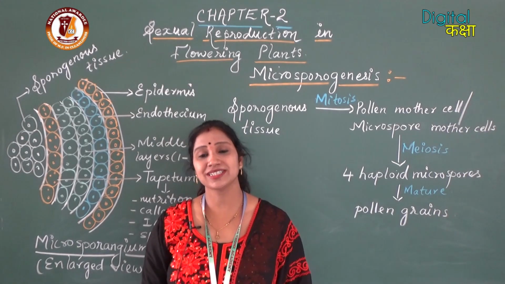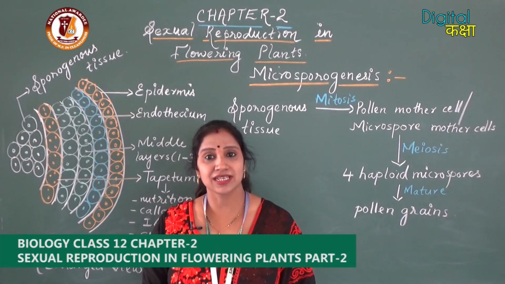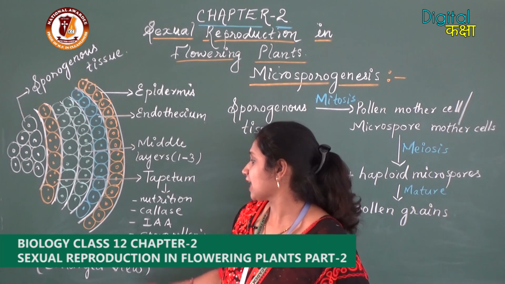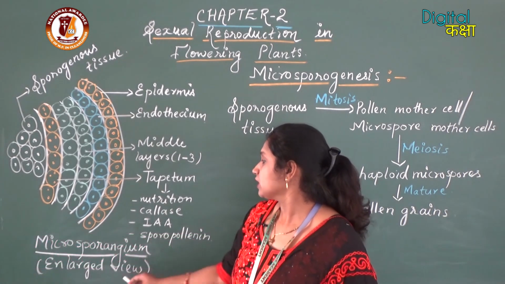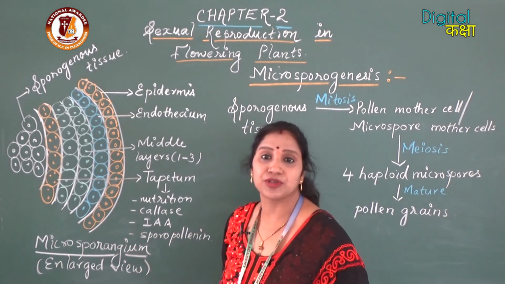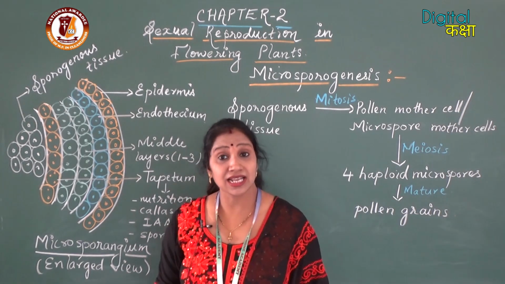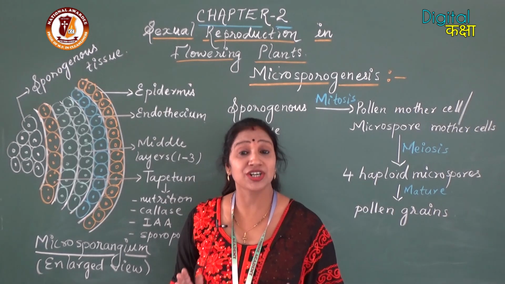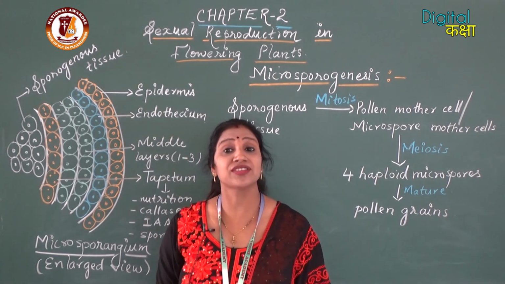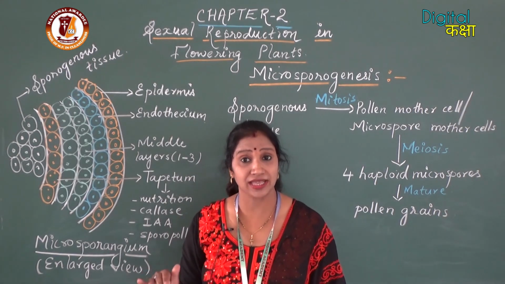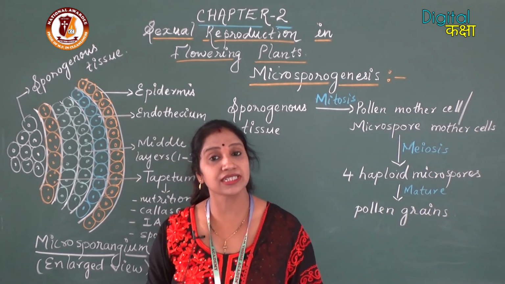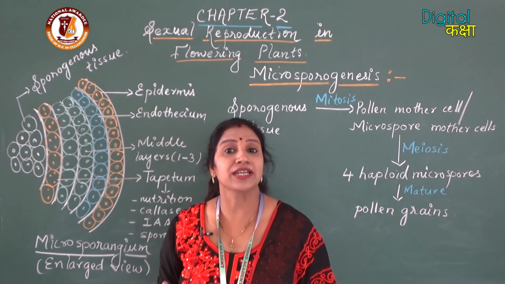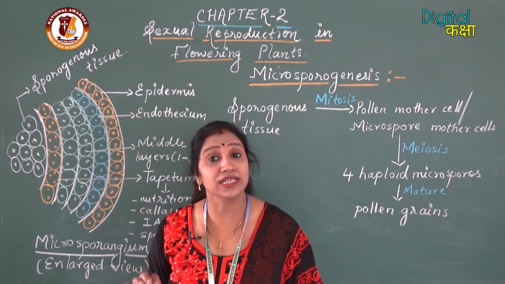Good morning, students. Today we will be discussing the enlarged view of microsporangium. In the last class we discussed the structure of anther. We have seen the transverse section of anther. In that we studied four microsporangia or pollen sacs.